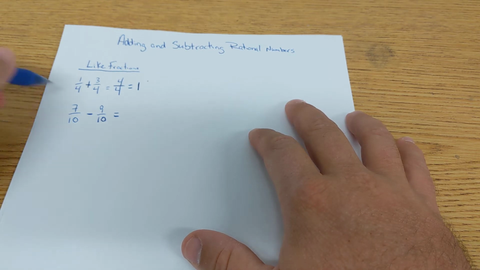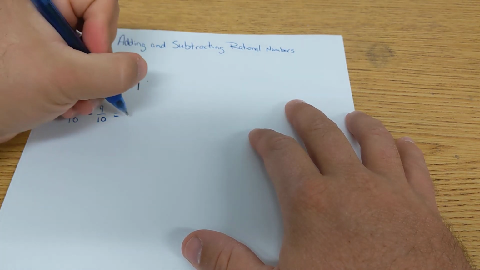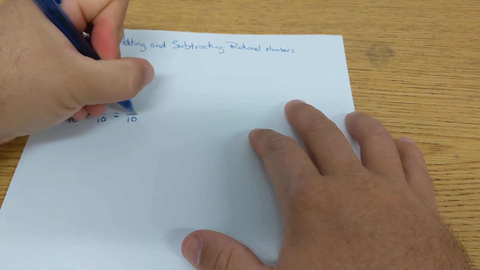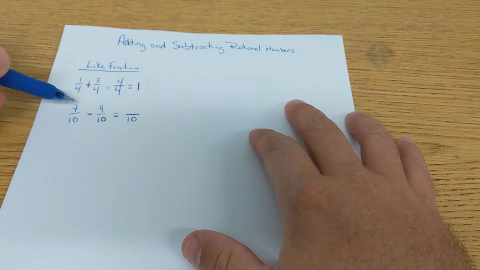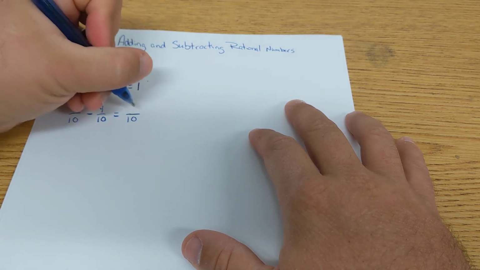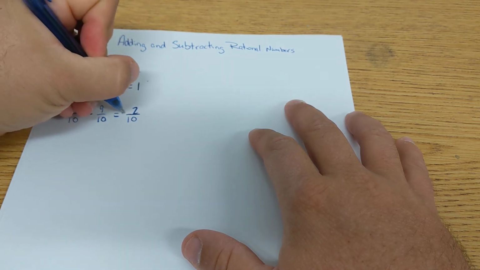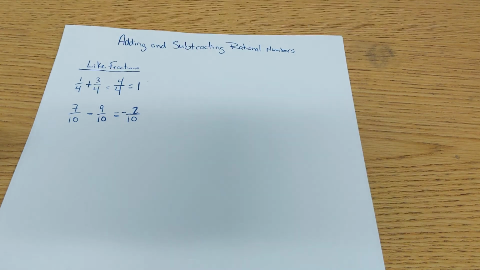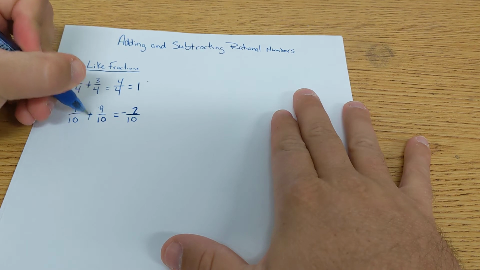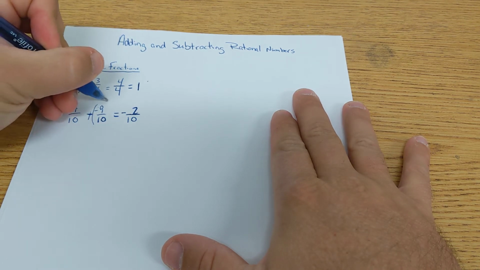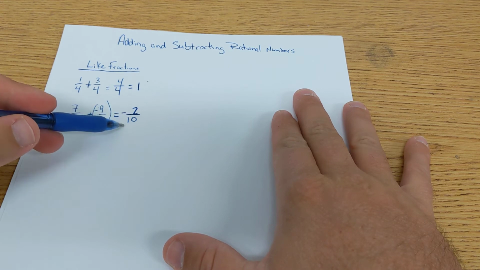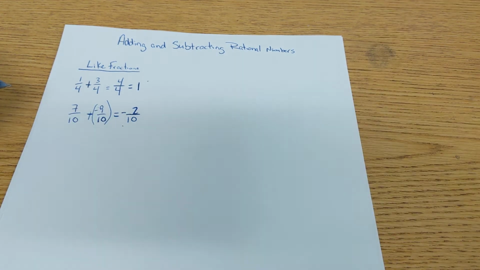But we have like fractions, so we're going to carry our denominator over. Now if we can do 7 minus 9 in our head, that's fine. 7 minus 9 is 2, but it's going to be a negative 2. So just a negative 2. Now if you want to do SCC, you can change the sign of those numbers. The answer is still going to be negative 2/10.